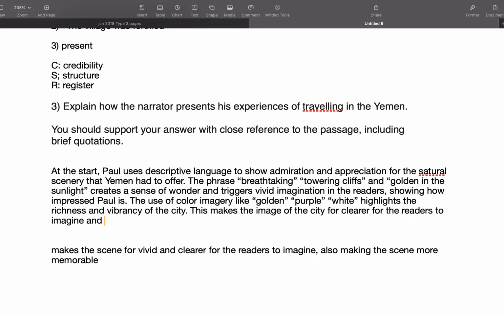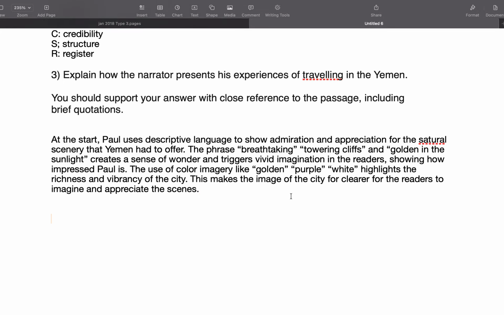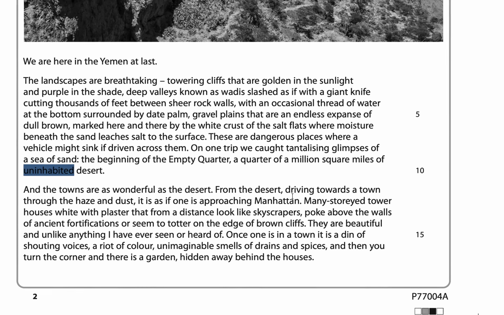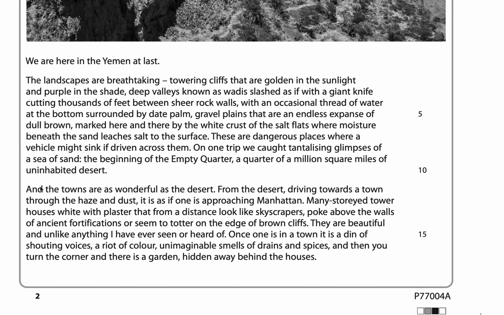You can also appreciate how beautiful the city is, and make the readers appreciate it as well. You could just say clearer for the readers to imagine and appreciate the scenes. Okay, let's move on.